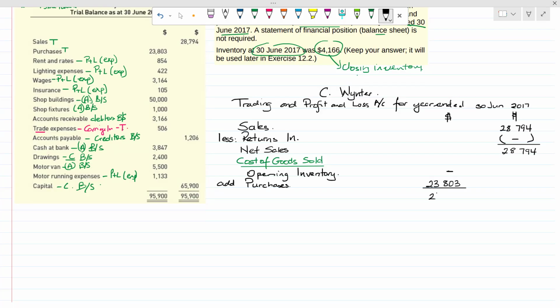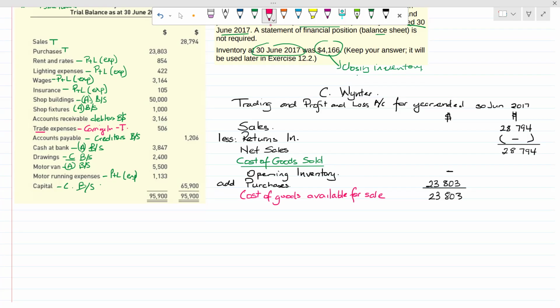Now, when I add these two together, if there was any opening inventory and I add my purchases to it, this gives me what we call the cost of goods available. And we could add in for sale here. But more importantly, this is the cost of goods that we have available.